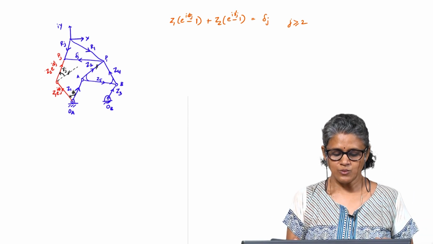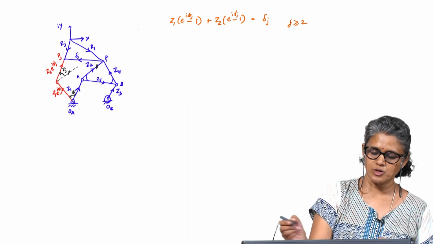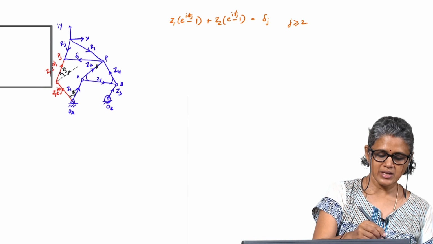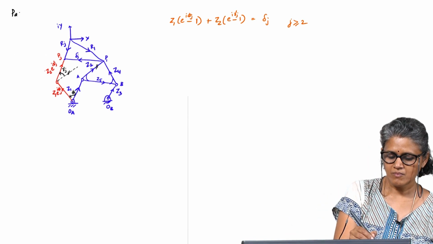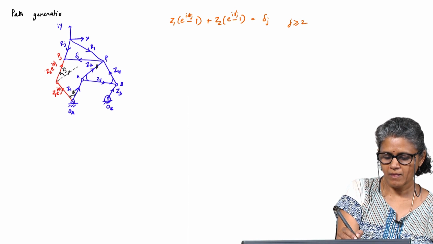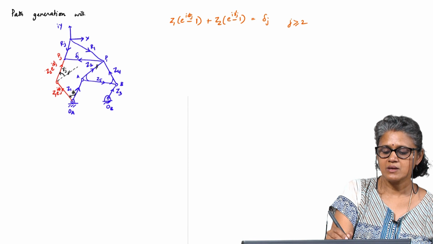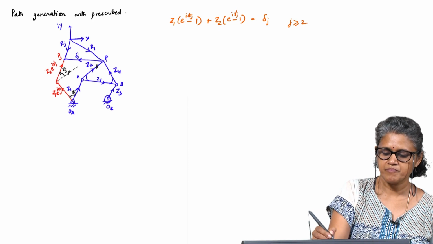Okay. Now, if I want to solve a path generation problem, so, let us say we are looking at path generation with prescribed timing. What does that mean?